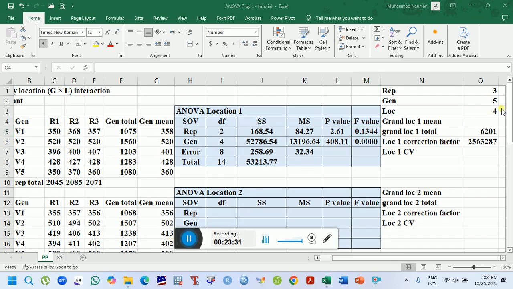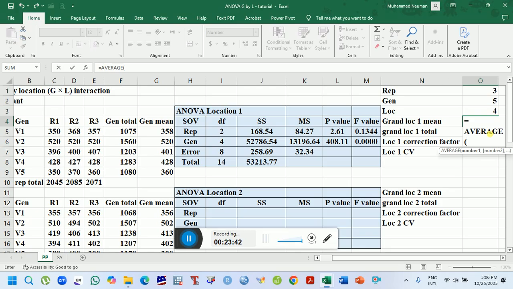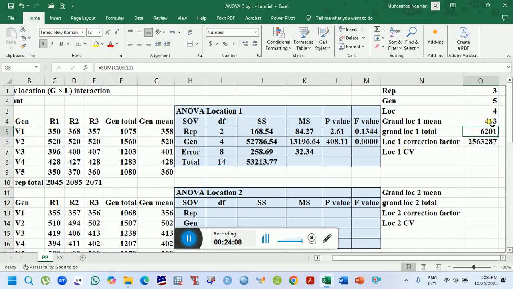To calculate the location mean, type is equal to average, double click on average, make the selection from the genotype means, or you can select all these values. I am selecting all these values for conciseness. Press enter. This is the overall mean for location 1.